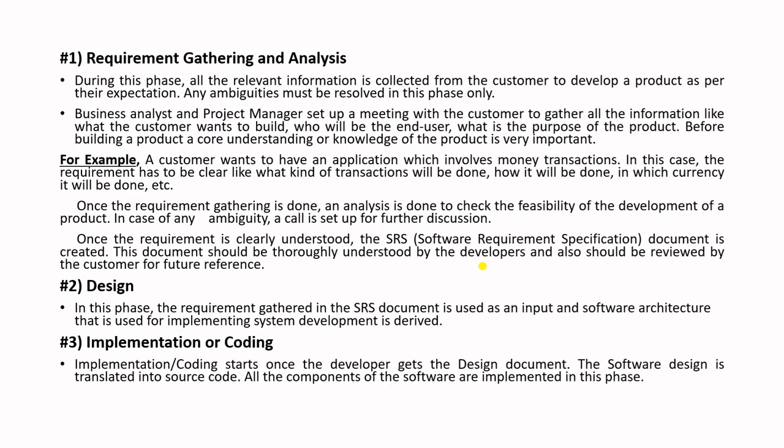So this document should be thoroughly understood by the developers and also should be reviewed by the customer for future reference. So at this point we can say that the software requirement specification is a very important document for the purpose of the development of the software product.